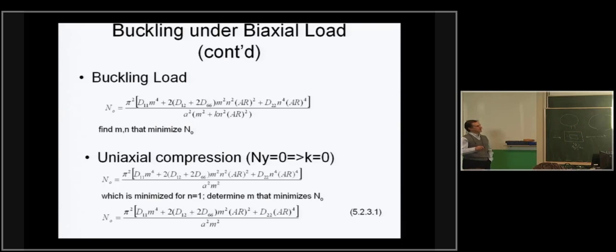This expression says my buckling will occur when N0 is equal to this quantity, which is a function of that K. So the amount of Ny load obviously affects my buckling load, and the more my Ny increases, this K would increase, so the buckling load would go down, for example, for a case of biaxial compression. Notice where the aspect ratio appears in all the locations, and that's significant because as I change my aspect ratio, it will change the buckling load. We'll see that in a little bit.